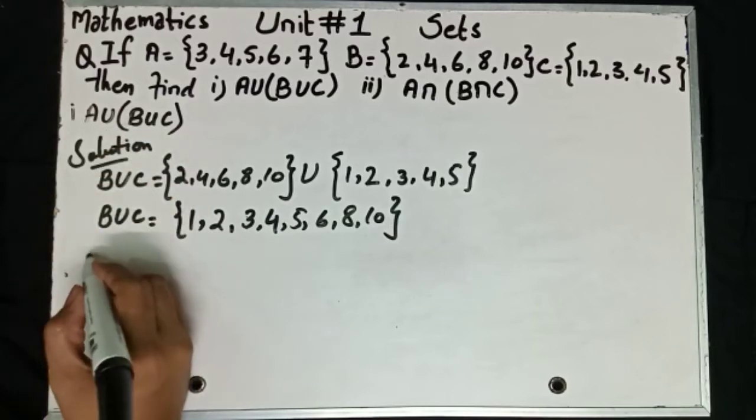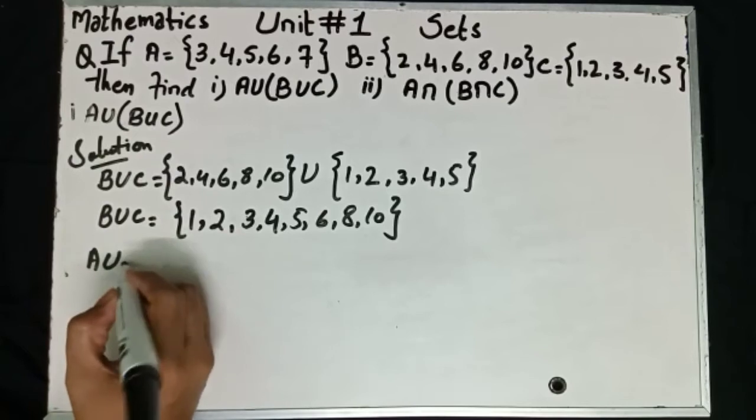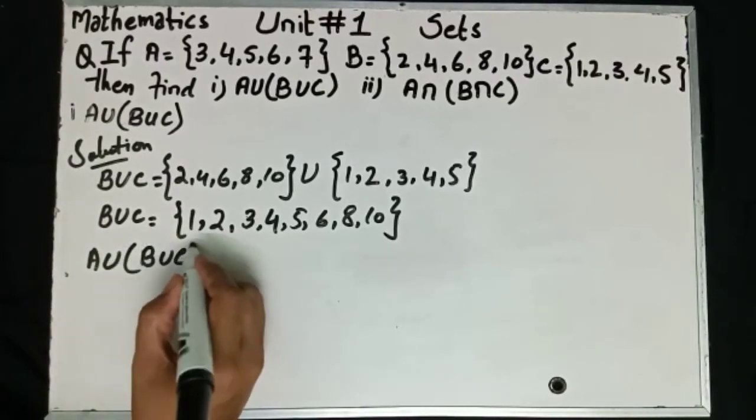Now we find the second part, A union (B union C).